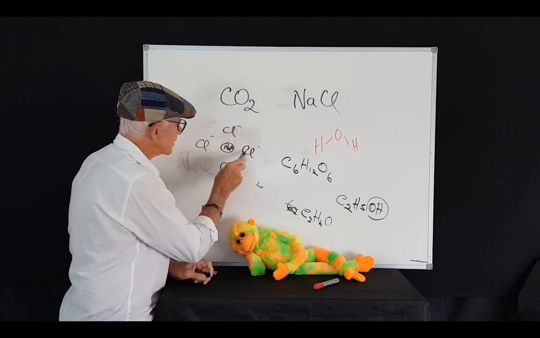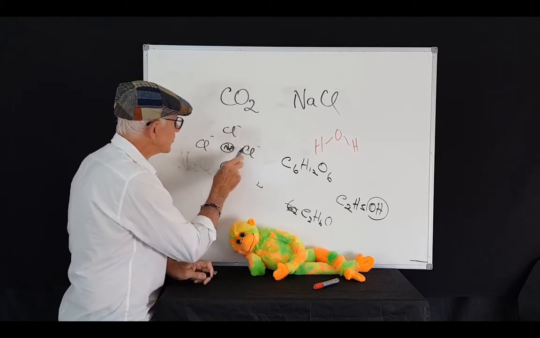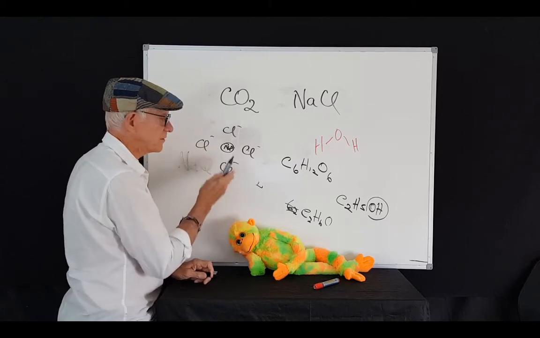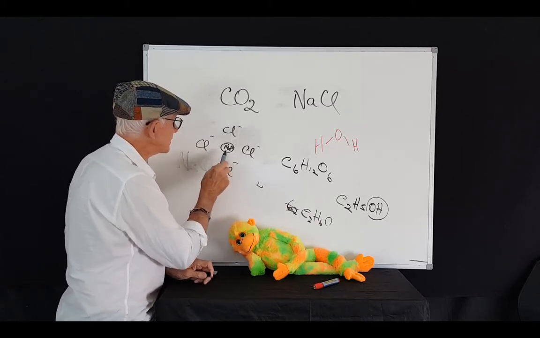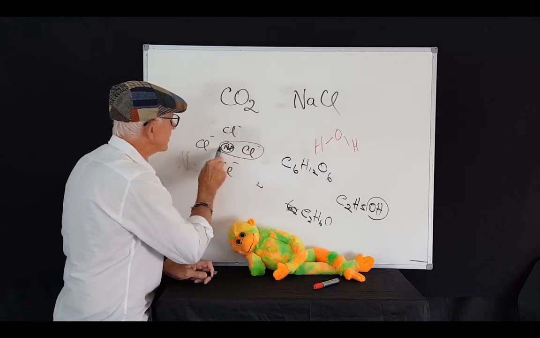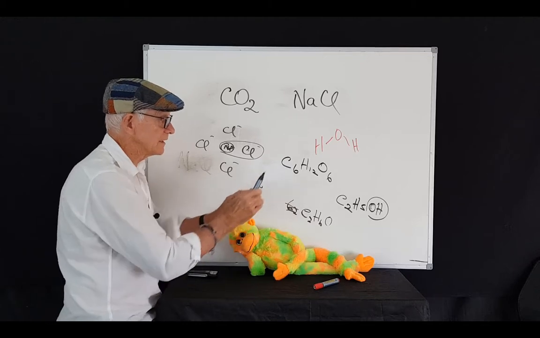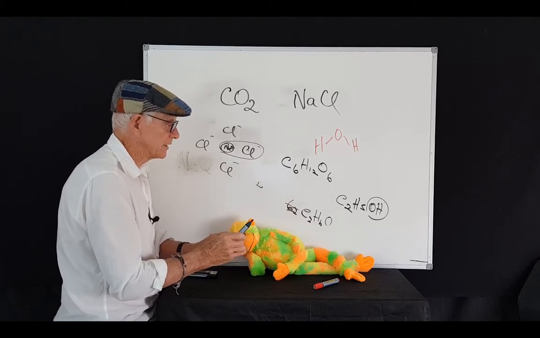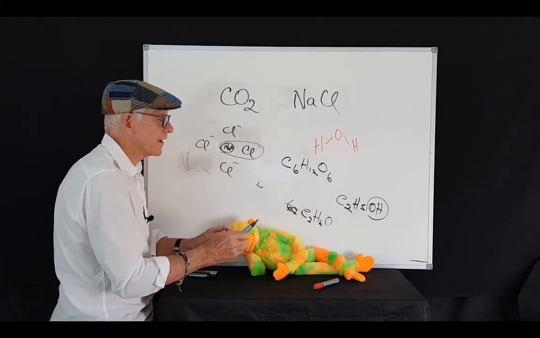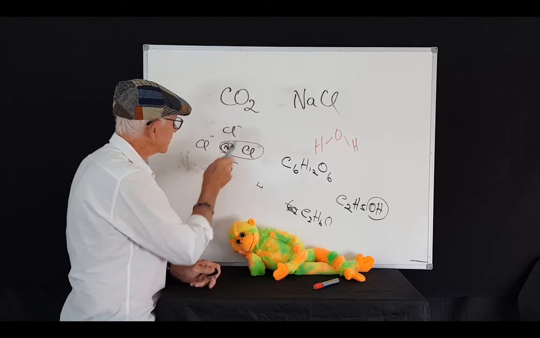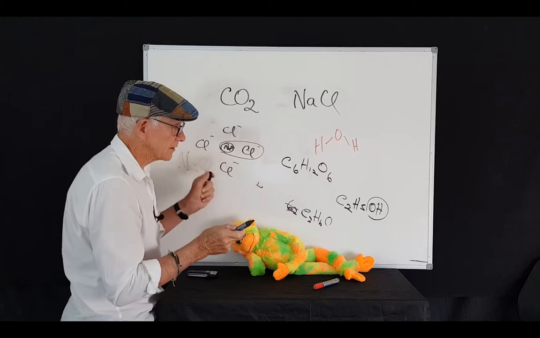This is not joined to this chloride any more than it's joined to that chloride. It's joined to all of them equally, all 6 of them. There's no identifiable unit that constitutes what we might call an entity travelling around separately, a molecule or an ion pair. That's not the case here. Everything is equally attracted to everything else around it.